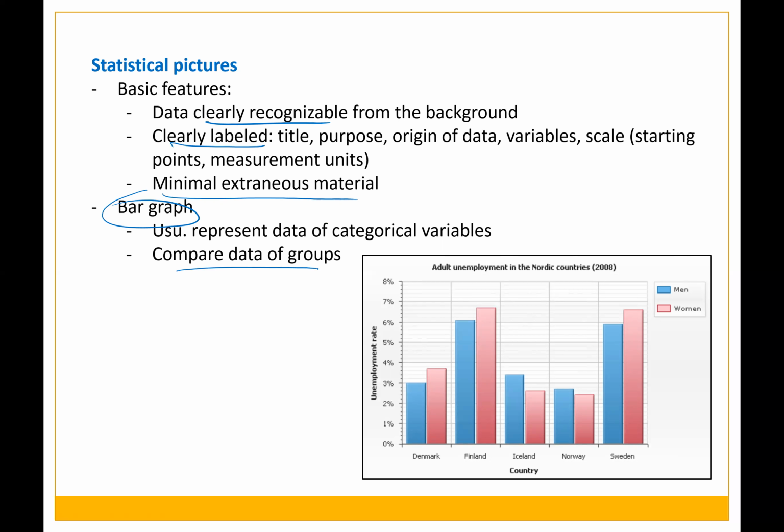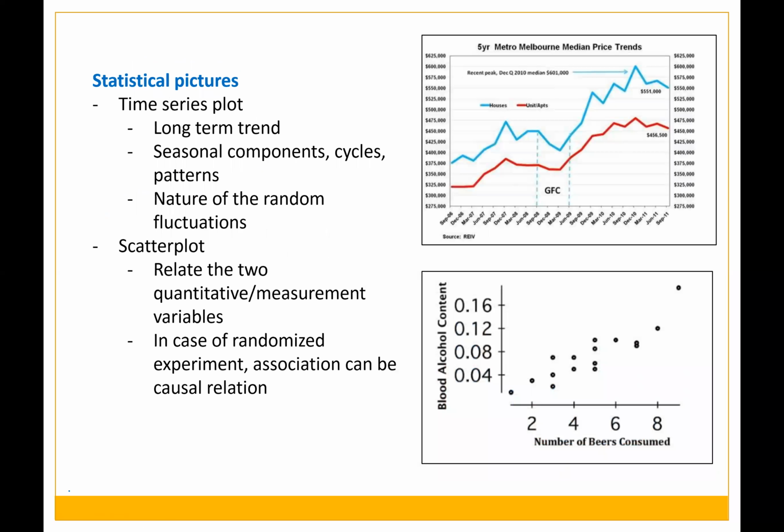Look at the graph here: you have two groups, men and women, and you compare them between countries. It's showing you a very clear trend and each portion compared to one another, and it still distinguishes between men and women.